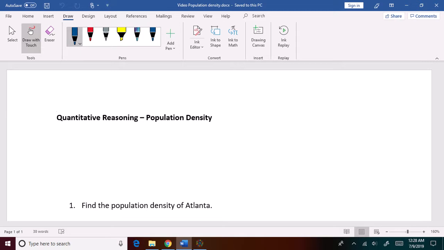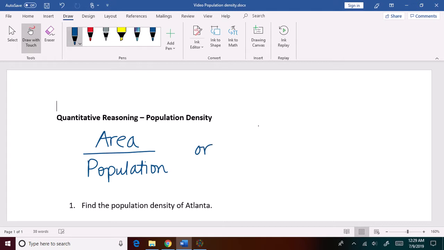So in quantitative reasoning, population density can be easily found in Wolfram Alpha for any state, for any location. But mainly, it's simply the area divided by the population, or depending on the problem, it can be population divided by the area.